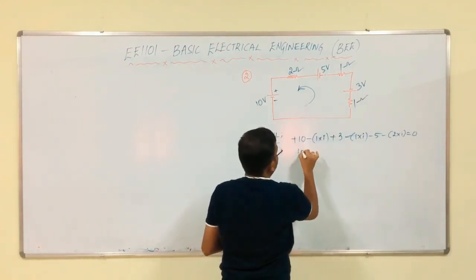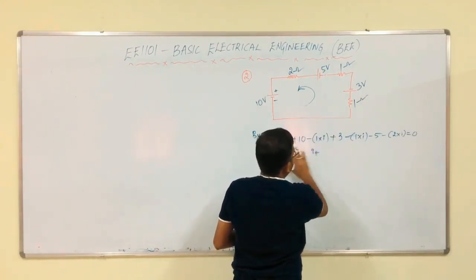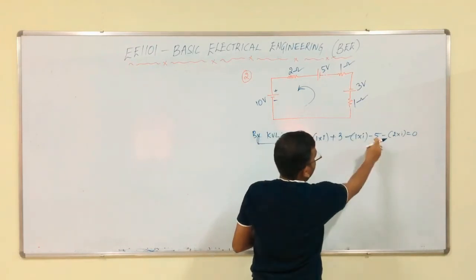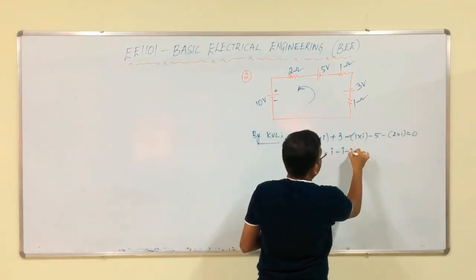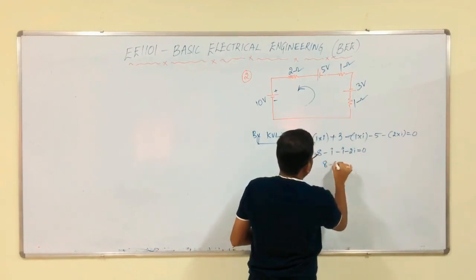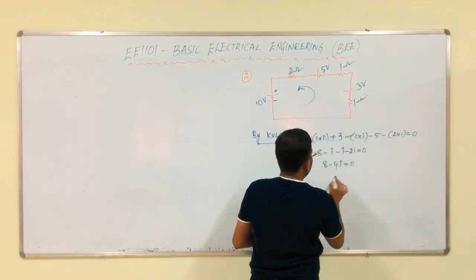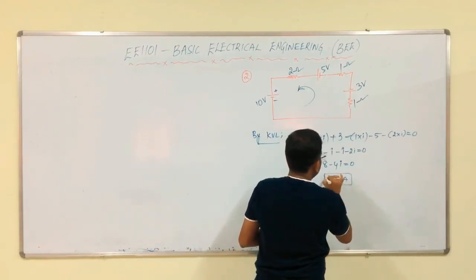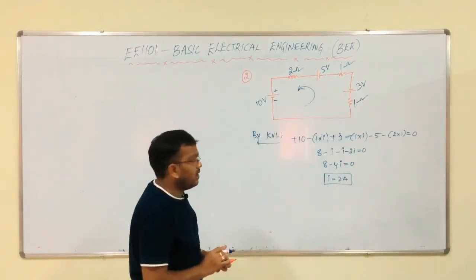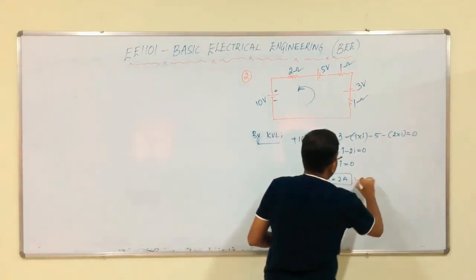From this, 10 minus I, 10, 13 minus 5, 8, minus I minus 2I is equal to 0, 8 minus 4I is equal to 0. From this, I is equal to what? 2 amps. Clear? The current in the loop is 2 amps.